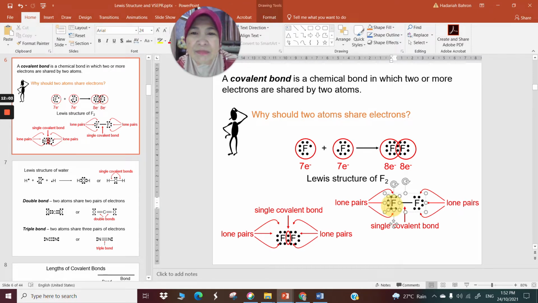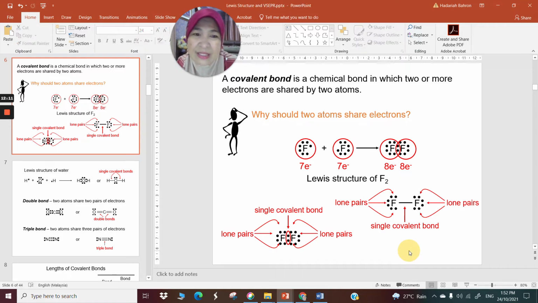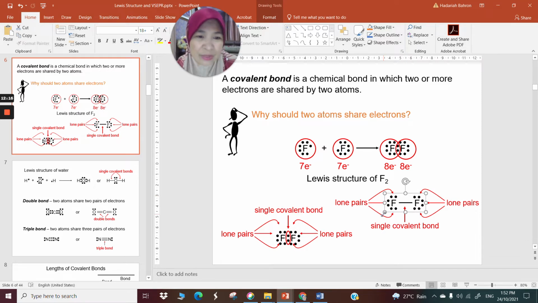That means those pairs of electrons are not being shared with any other element. They are practically existing as lone pairs. So you have 1, 2, and 3 pairs of lone electrons that make up 6 electrons, and we say these are lone pairs of electrons.